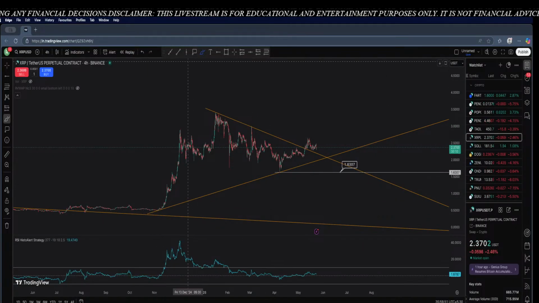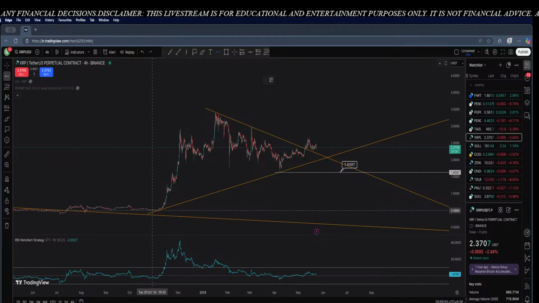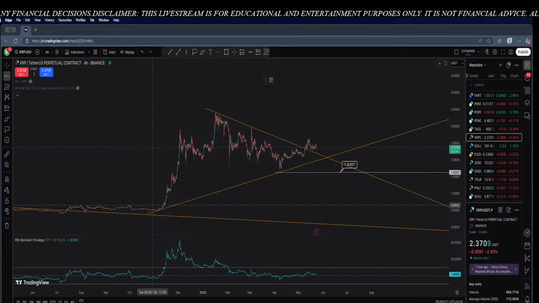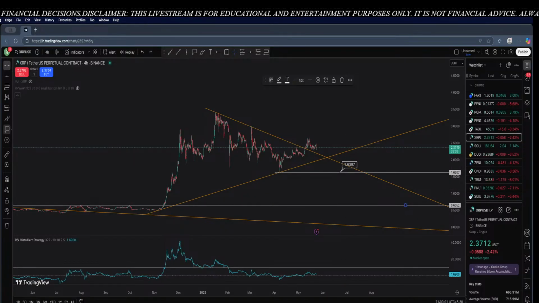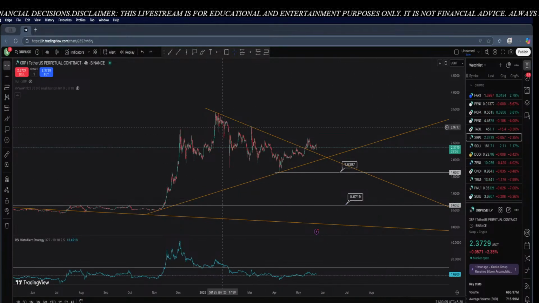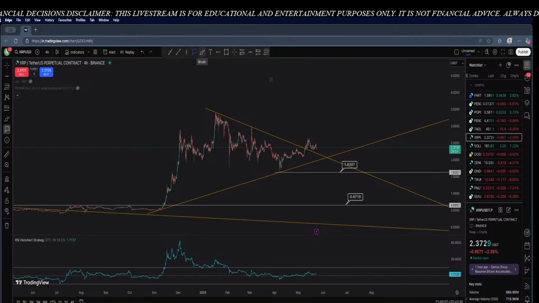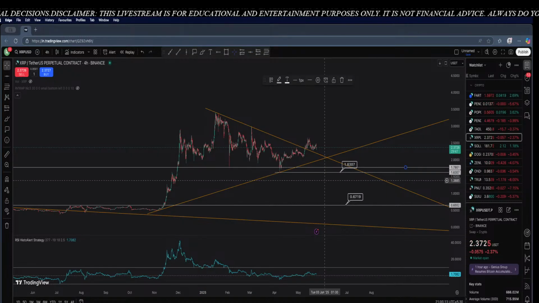But if there's another additional target that's possible, it could be something like this low right here. Let me do it like this. Yep, 67 cents. That would be a more probable target to keep in mind. Then we have this as well.